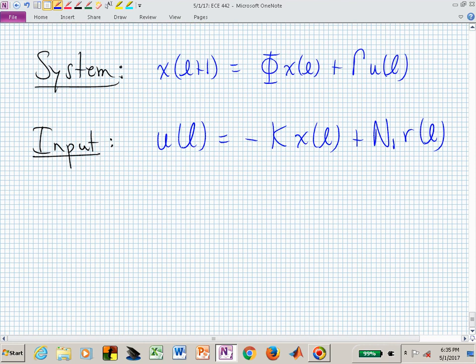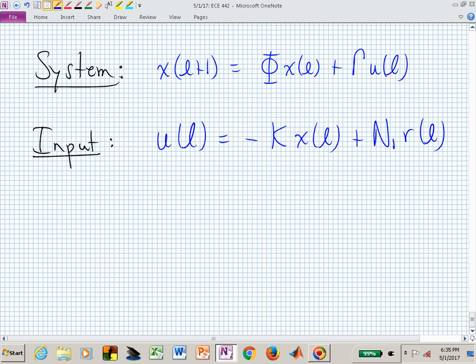Let's now see what happens when we use this structure for the input U in our system equation. Let's replace that and try to follow that all through and see if we can find a way of determining a transfer function between the reference input R and maybe our output Y. And if we want things to be tracking nicely, then maybe we want that transfer function to have a DC gain of, and not 3, huh?